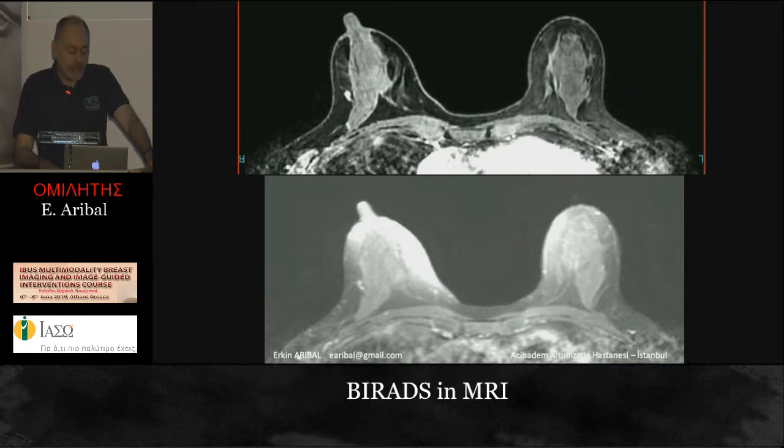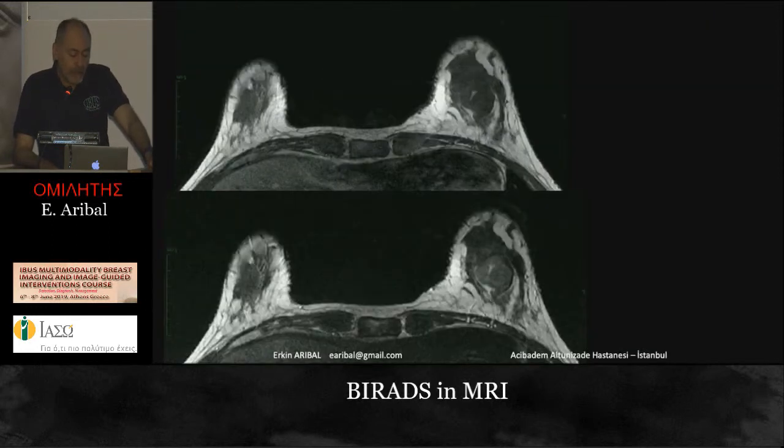This is an intramammary lymph node with a high contrast when compared to the background enhancement. And this is a lesion which shows a slow contrast enhancement. And when you look at the T1 weighted images, you see fat inside. In the middle, you see some fat signal.